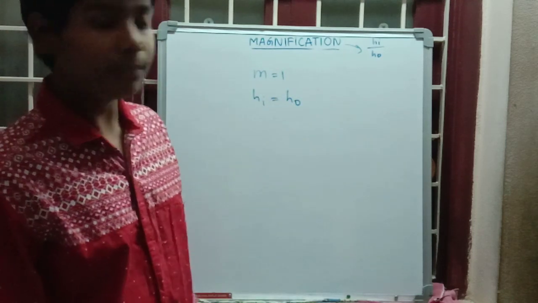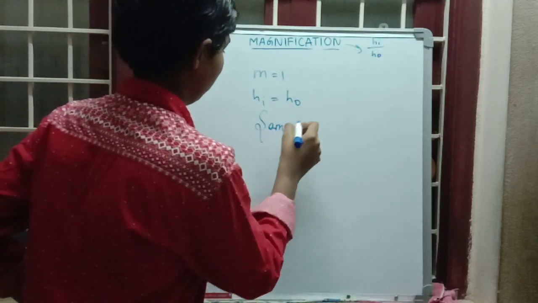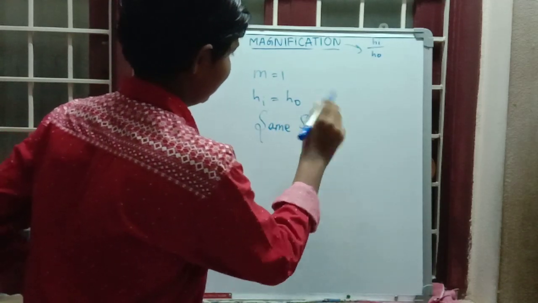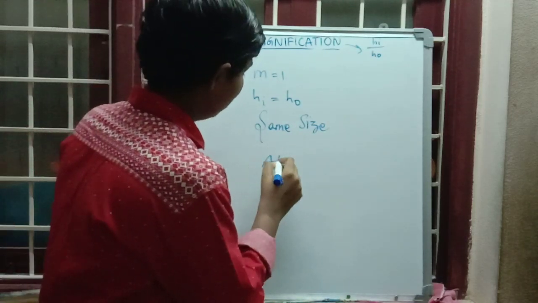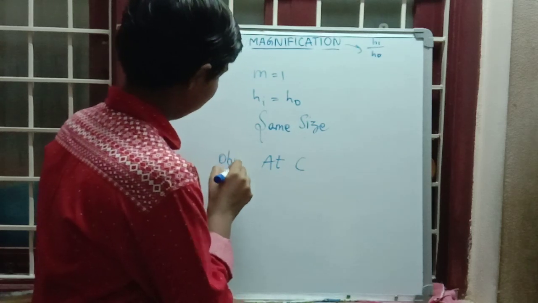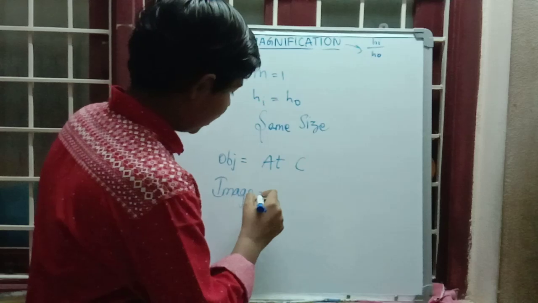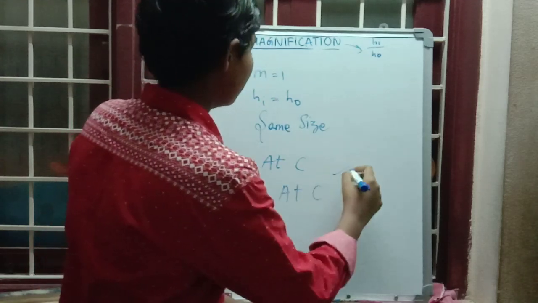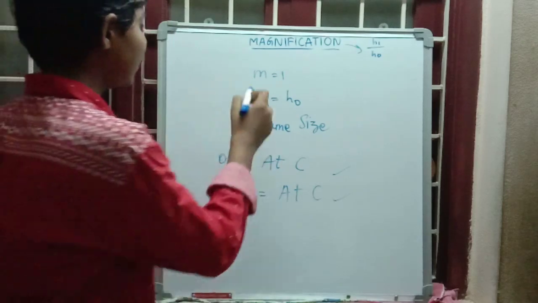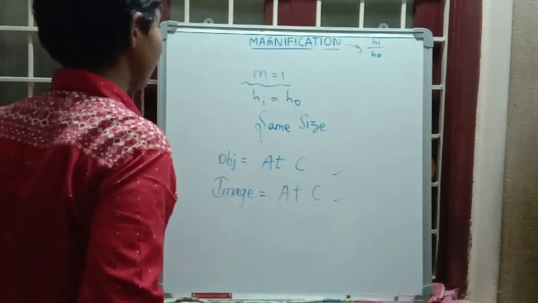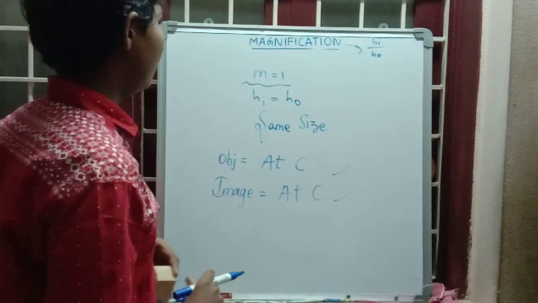At which ray diagram do both have the same size, they are equal? At C: the object at C and the image also at C, means both object and image at C, we will get the same size. Then magnification is equal to 1 here. Now we have discussed magnification one.